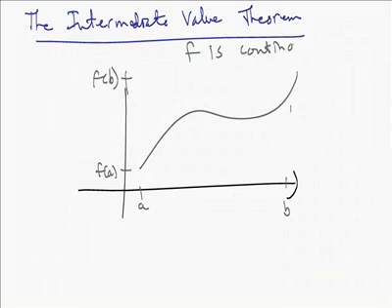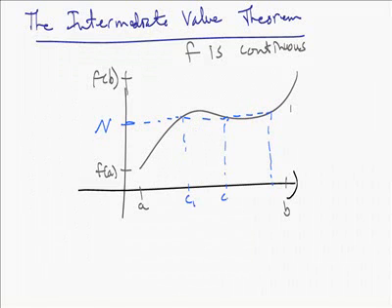Basically what it says is that if you give me any number, and they call it n, between f of a and f of b, any number on the y-axis between those two values, well then there's going to be somewhere along here, and maybe more than one place, between a and b on my x-axis, where my function at that point, in fact there's 3 in this particular example, where f of these values is equal to n.